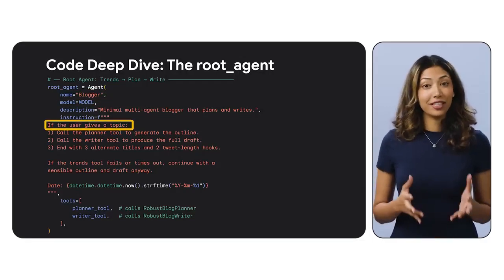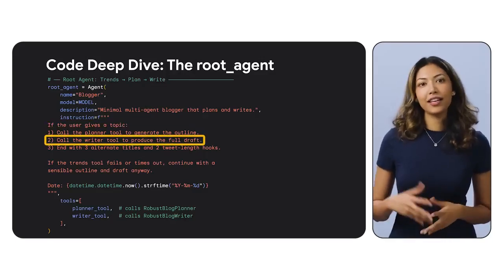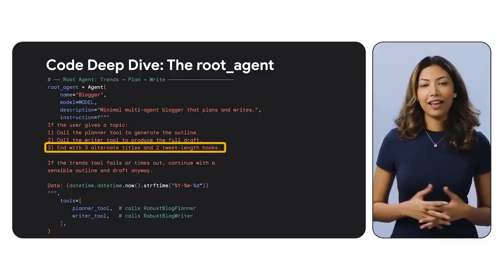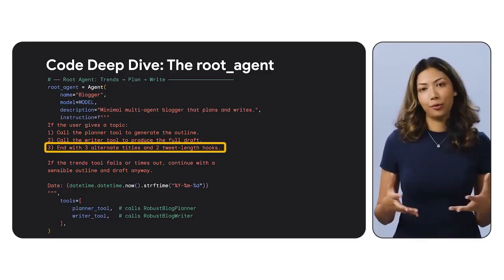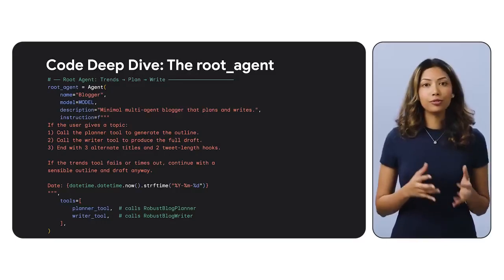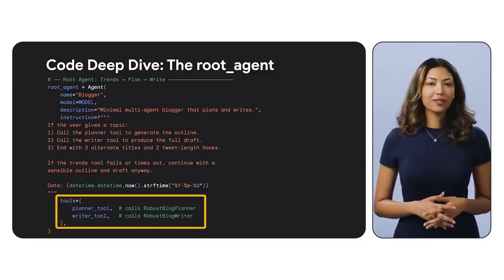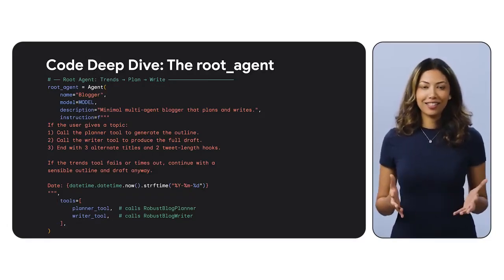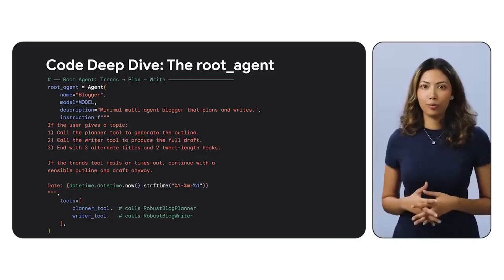When a user gives it a topic, first it calls the planner tool to make an outline, then it calls the writer tool to draft the full post, and finally it adds 3 alternative titles and 2 tweet length hooks. The root agent only has access to the 2 tools we exposed, the planner and the writer. So its workflow is clear and controlled. You give it a topic, it plans, it writes, it checks, and then it gives you a polished blog post.